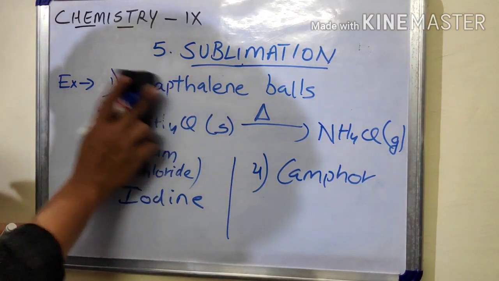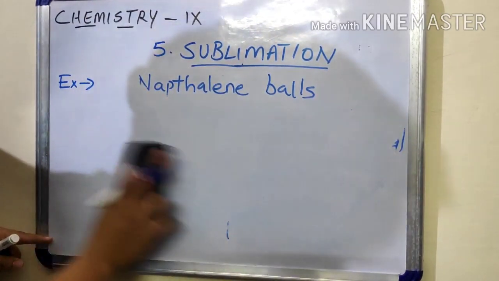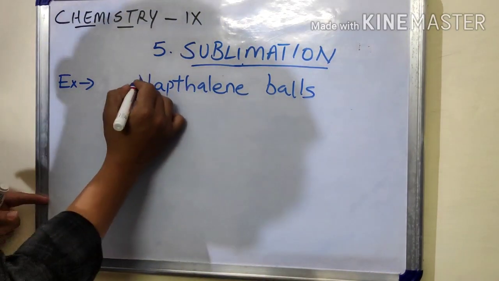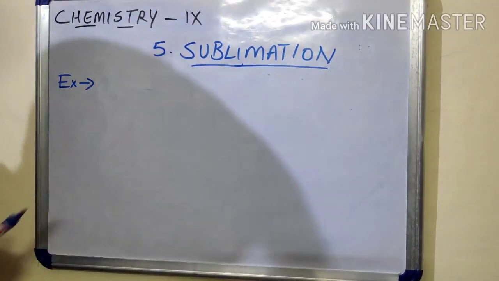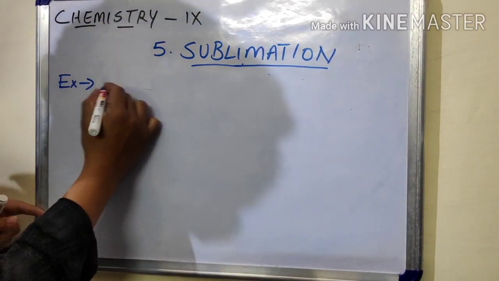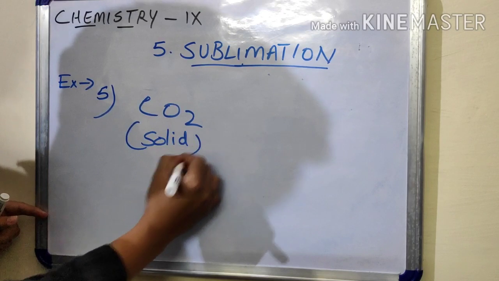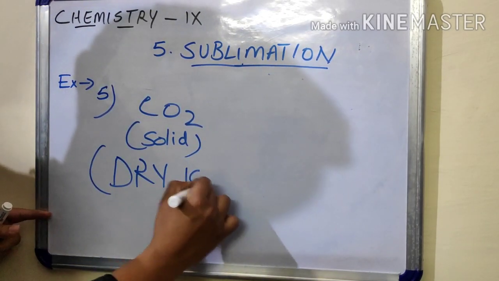Now one last example we'll look at is carbon dioxide. So you will learn a new term, solid carbon dioxide. Fifth example, CO2, carbon dioxide, when it is a solid, this is also called dry ice.